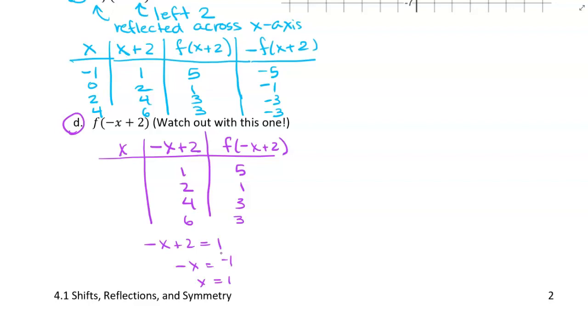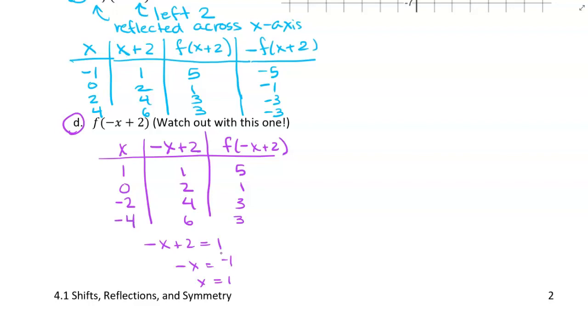So if I have an x of 1, that will give me a -x plus 2 of 1. All right, and I can do that for each one of these values. So if I have an x of 0, I'll get a -x plus 2 of 2. If I have an x of -2, then I would have a negative of -2 plus 2 gives me 4, and an x of -4 gives me 6.